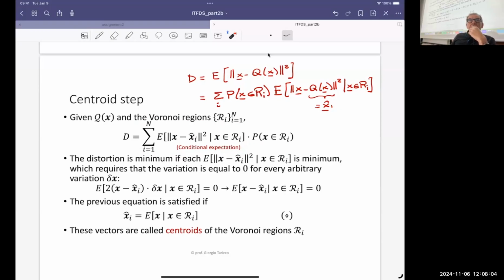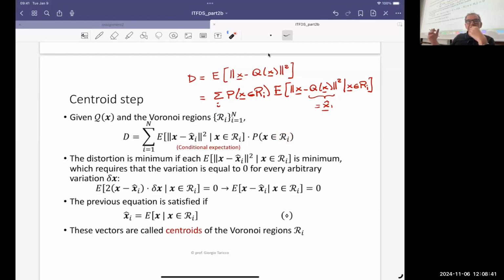Now, if we want to minimize this function with respect to the x hat sub i, we can notice that each of these n terms depends individually on each of the x hat sub i. The first term depends on x hat 1 and nothing else, because R1 is fixed, under our assumption.